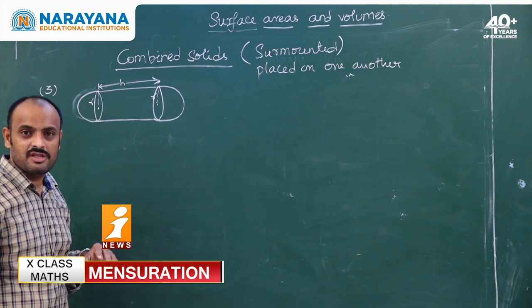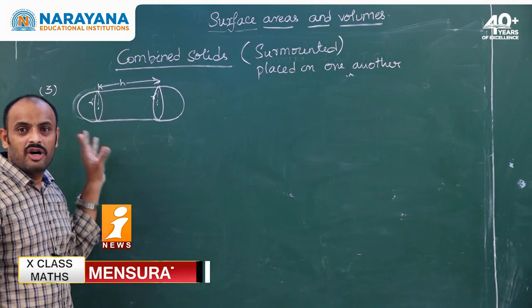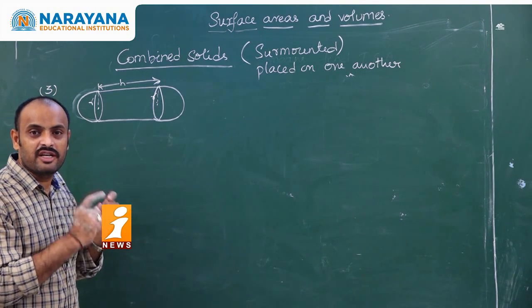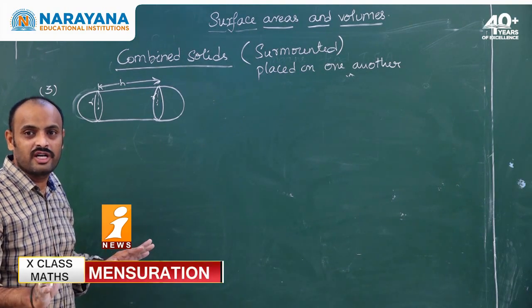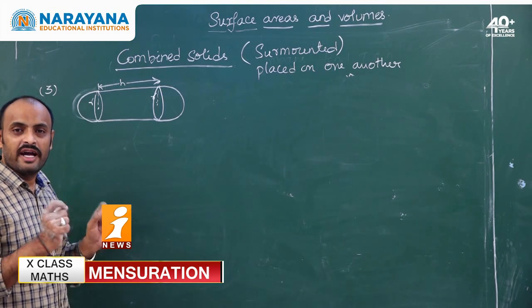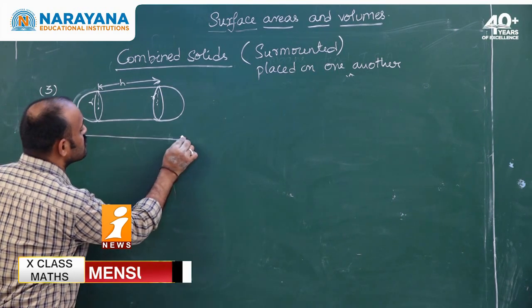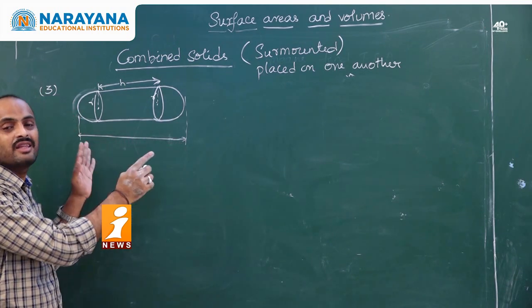In some of the questions they will say the height of the medicine capsule or height of the gulab jamun. If they say that, it is not the height of the cylinder. Please make sure that if they say height of the medicine capsule, it is from here to here. The entire height they have given.